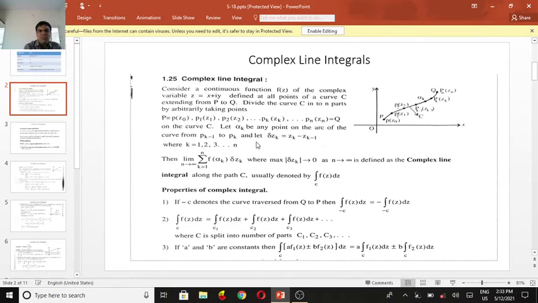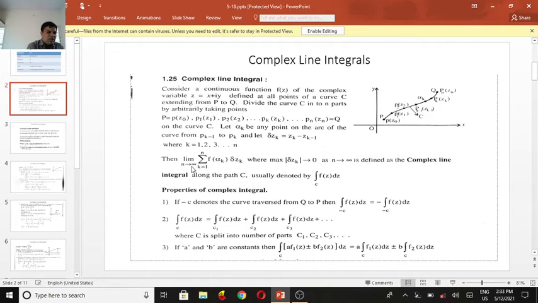We take a very small difference, delta zk equal to zk minus zk minus 1, where k equals 1, 2, 3, etc. We all know it is a continuous path.